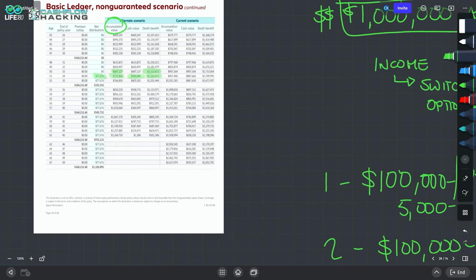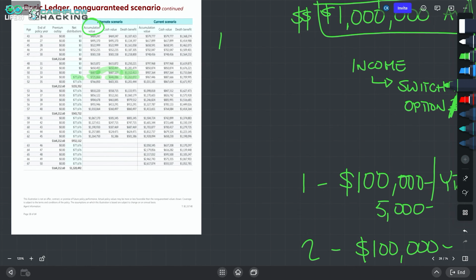But when we minus out, let me do the math here. Let me just get my calculator and run some numbers. All right, so when we're running these numbers, this is kind of what we have to look at. I'm just going to write this out here. We got $1,312,413.